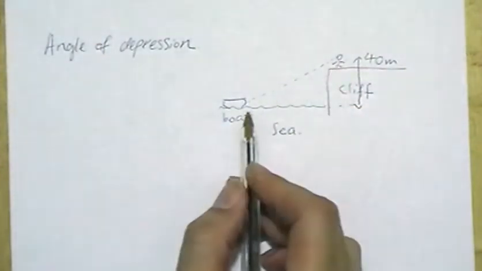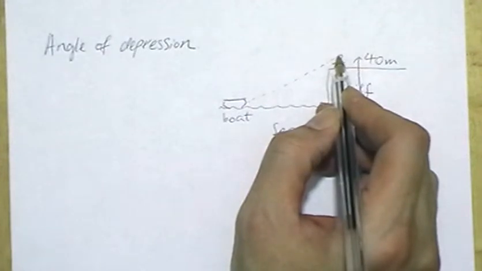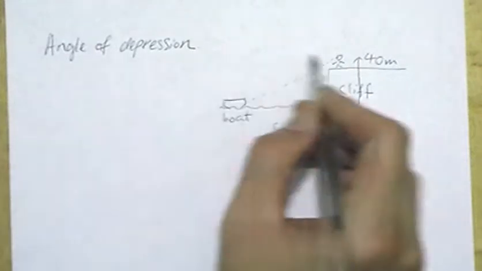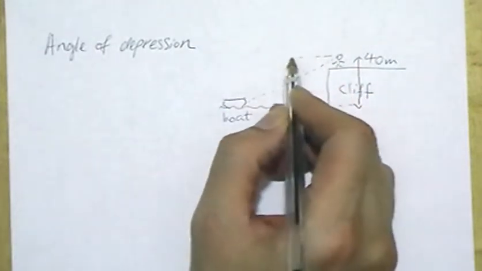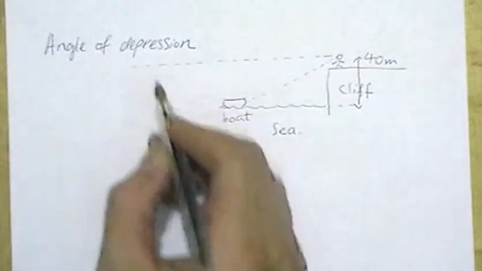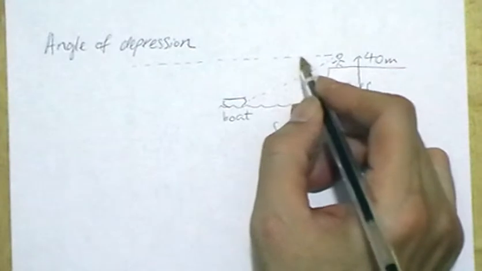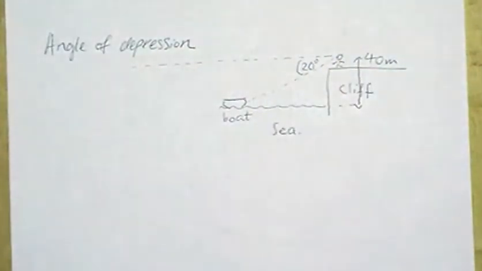Now what this means is that if he looks horizontally, he would be looking along this line. So this is the horizontal line from his eye. And if you look down by 20 degrees, he sees the boat.